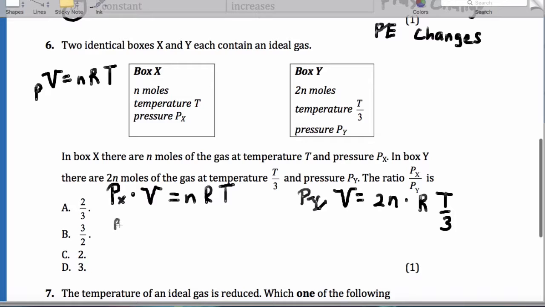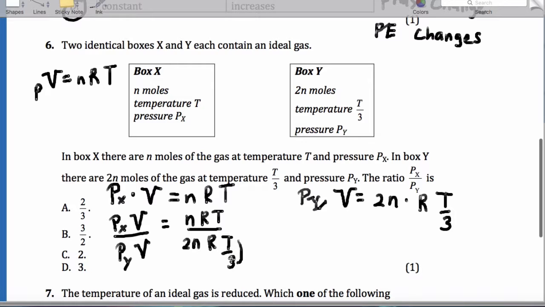So I'll say PxV divided by PyV equals nRT divided by, and I take the right side of this one, 2nRT over 3, like that.